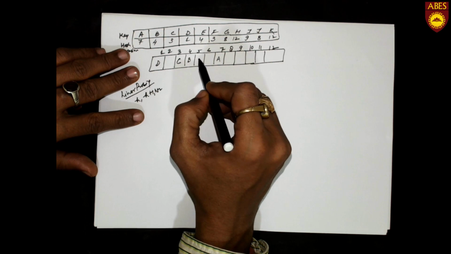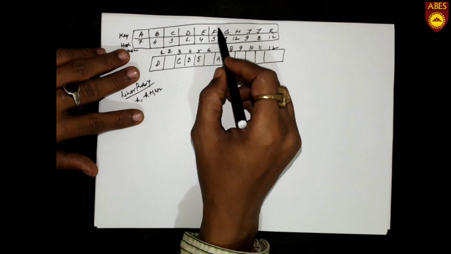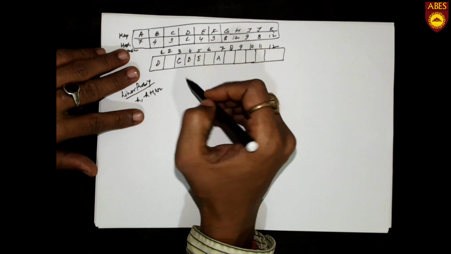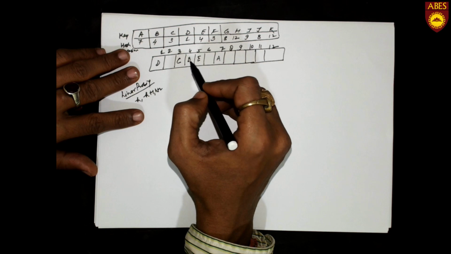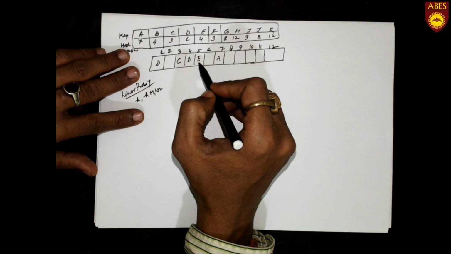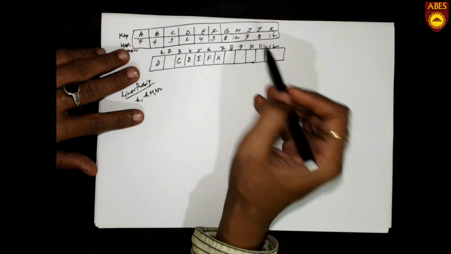So I store E at the 5th location. Then I have F, which has location 3, also busy. So I'll look at location 4, which is also busy. I'll look at the 5th location, also busy. Then I'll look at the 6th location, and incidentally the 6th location is free. So F will be stored here.